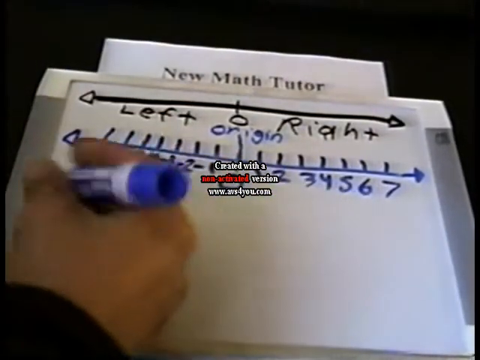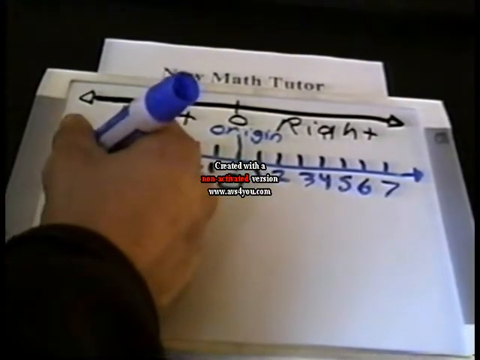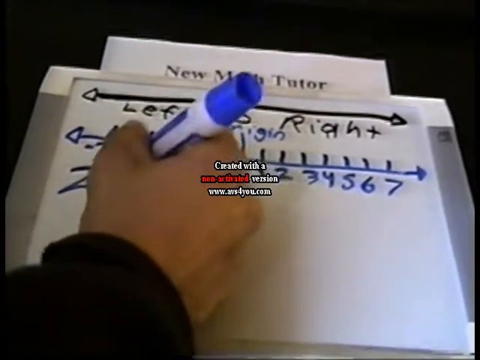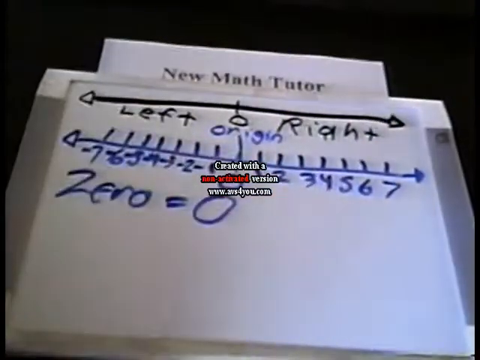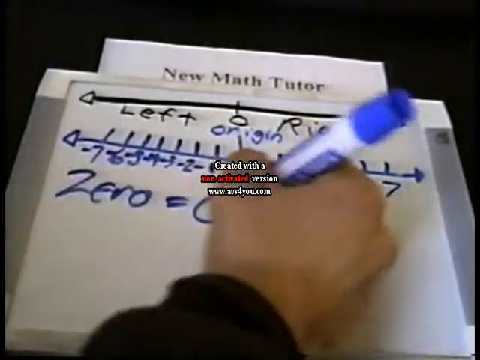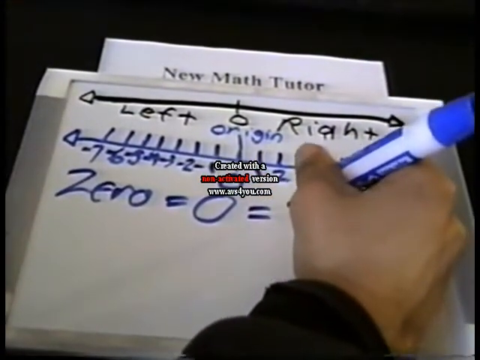is that we have the sum of 3 and 4. So let's say 0. We're going to talk about numbers. So the number is 0.